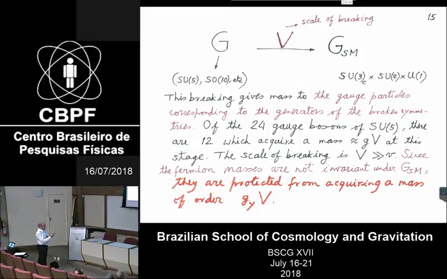Otherwise this would be a disaster because, for example, in SU(5), 12 of the 24 gauge bosons of SU(5) would acquire mass in this breaking, of this large order. And if the fermions were invariant under SU(3) x SU(2) x U(1), they would acquire mass at this stage of breaking, and this mass would be enormous. Now we know that they need the vacuum expectation value of the Higgs.